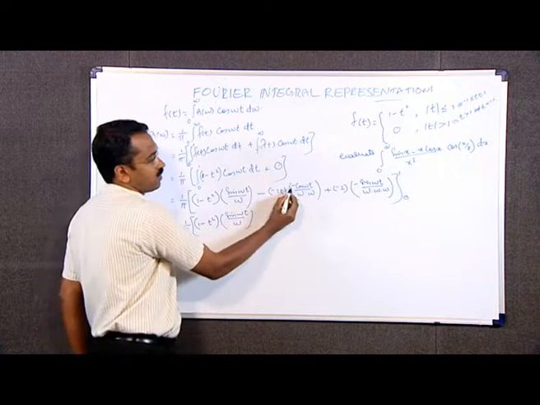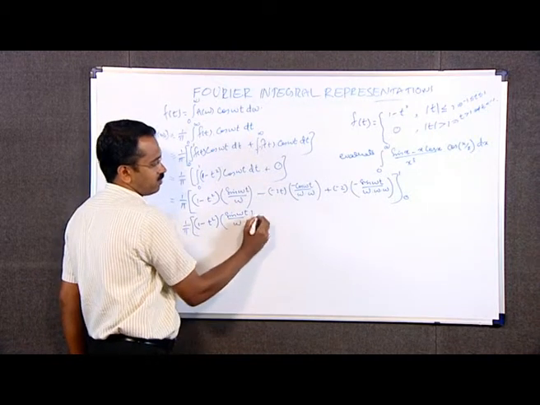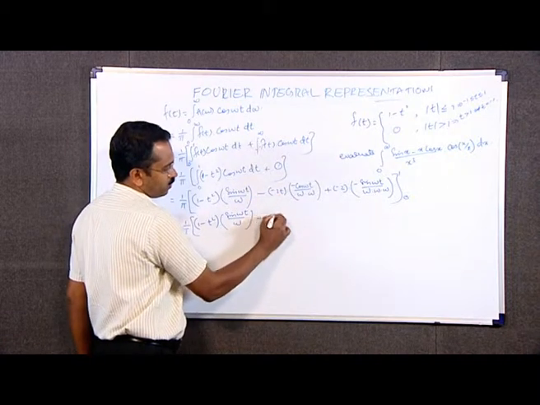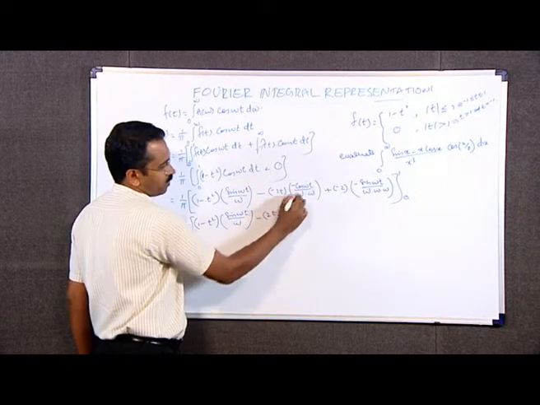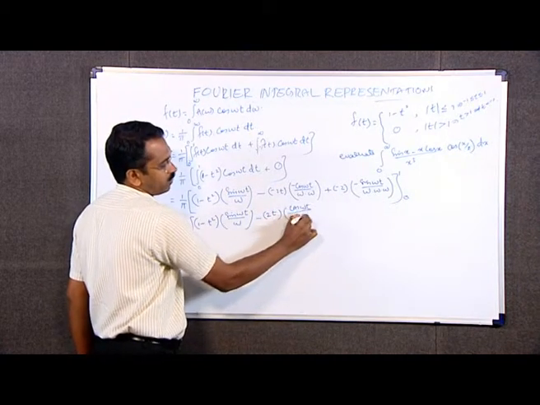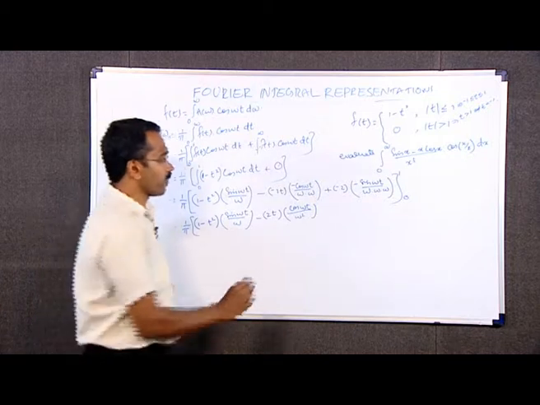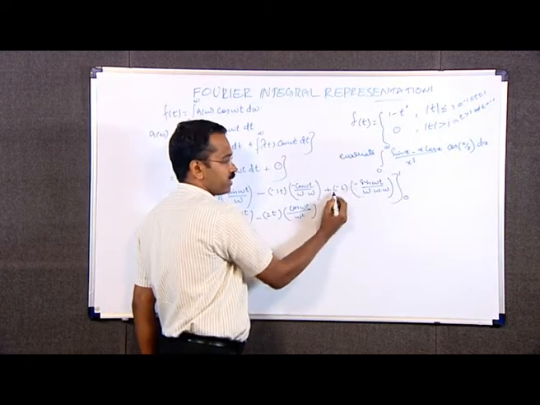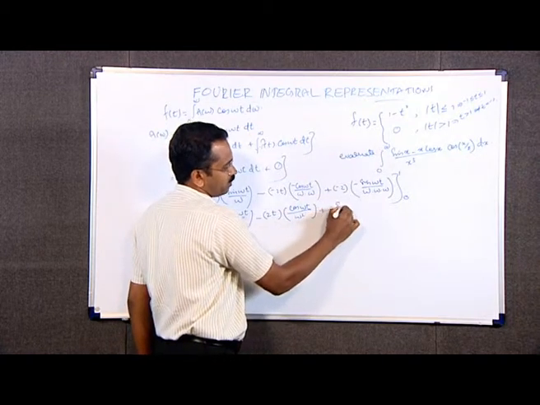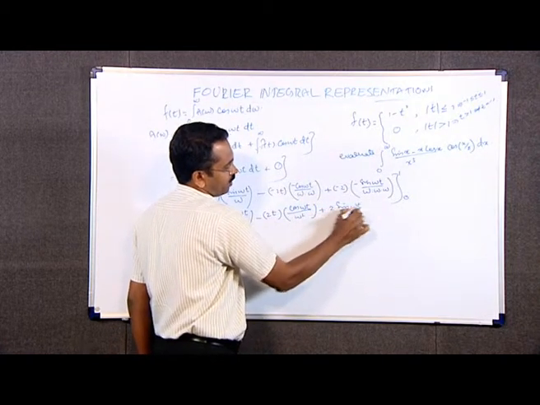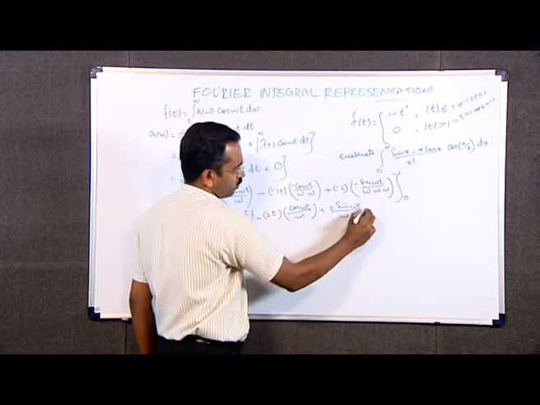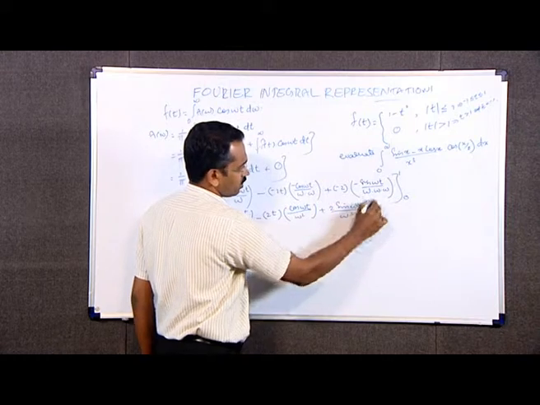Here there are 3 negatives, therefore in effect this will become negative 2t into cos omega t divided by omega into omega, which is omega square. Here there are 2 negatives, therefore in effect it is plus 2 into sin omega t divided by omega into omega, which is omega cube, between the limits 0 and 1.